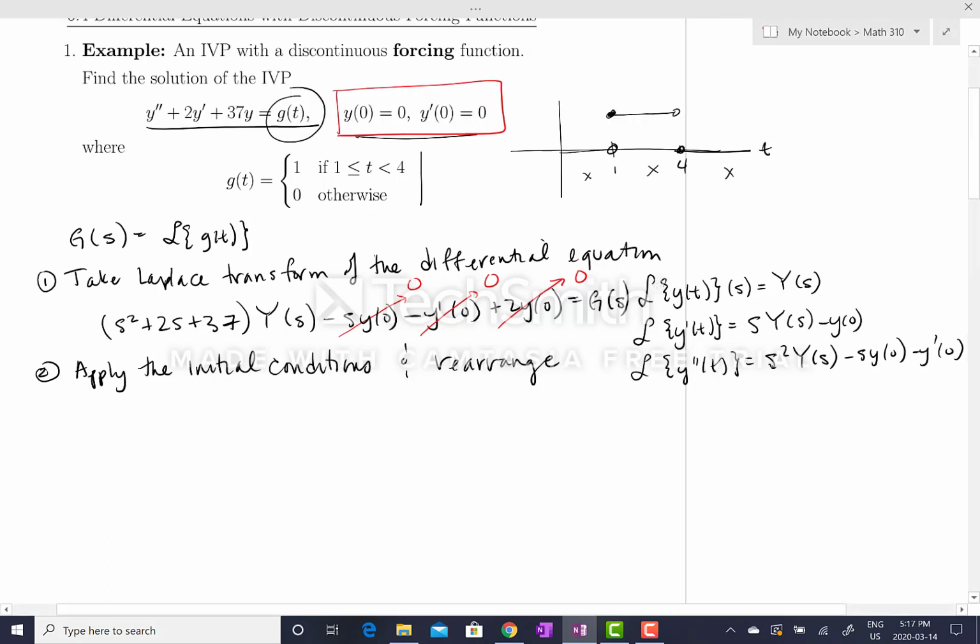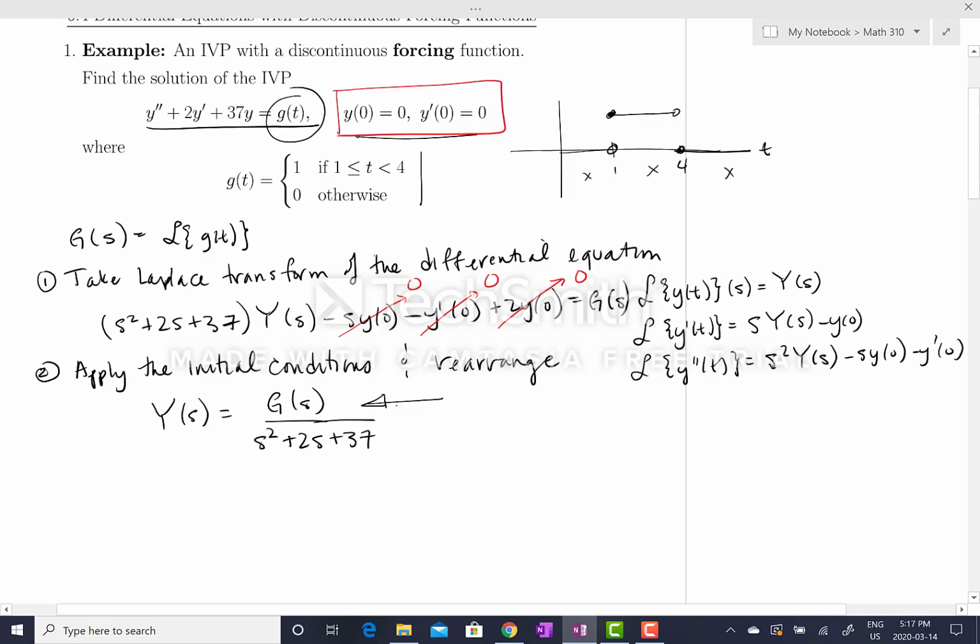Now we've applied the initial conditions and rearranged, and that gives us this expression for capital Y of s. Capital Y of s is the Laplace transform of the solution to the differential equation. As usual, our objective is to find what function satisfies the differential equation. As of yet, I haven't made use of the fact that I know what g of t is.